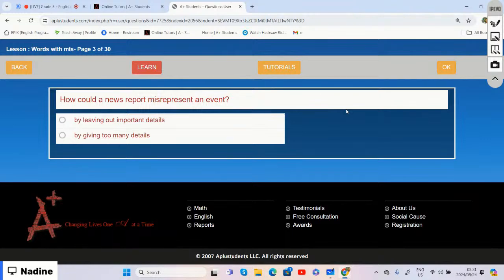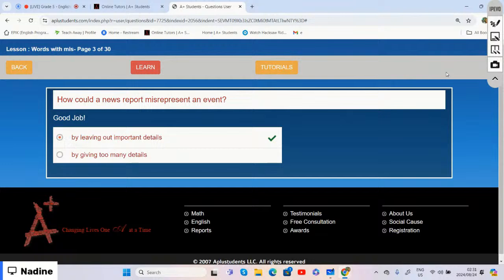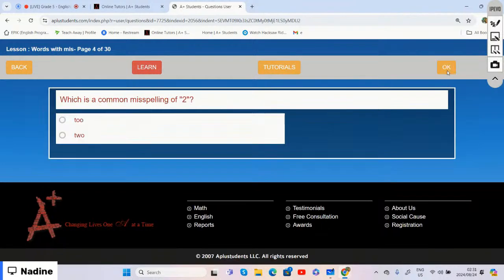All right. And how could a news report misrepresent an event? We can say by leaving out important details of the event. That is where you misrepresent the event.